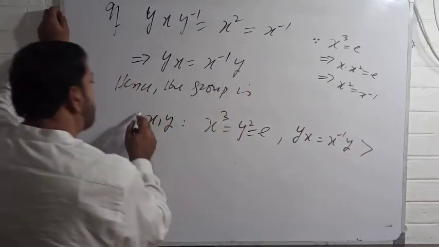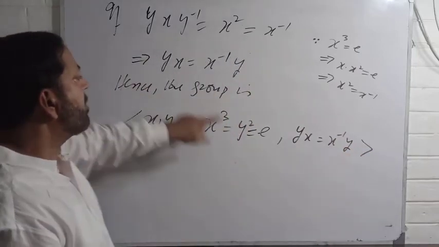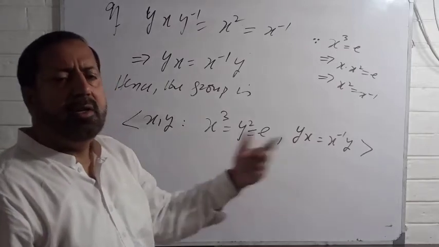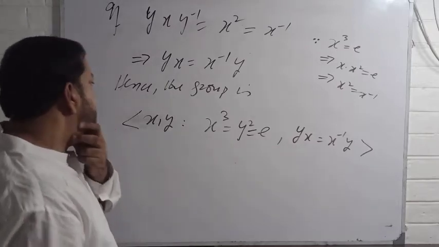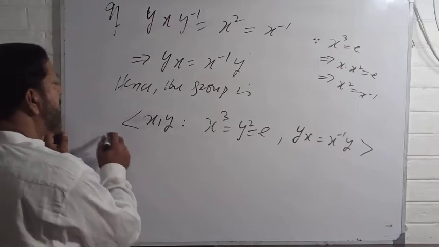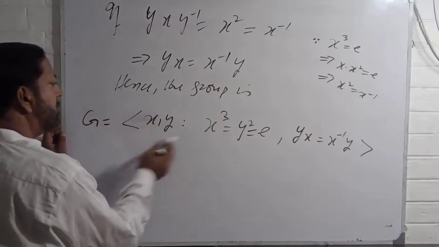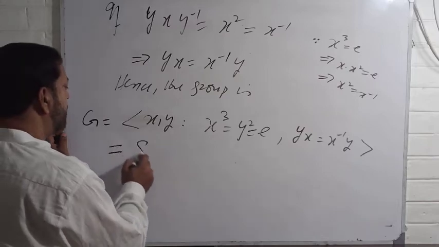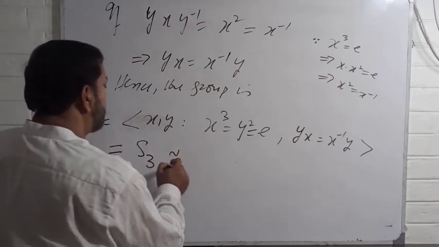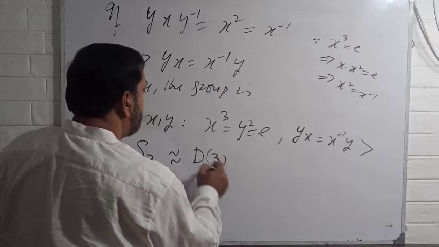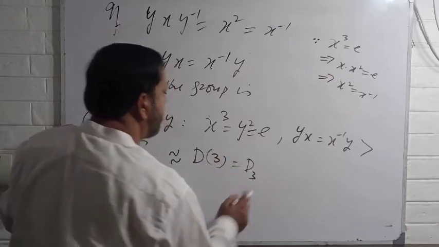And you know what is this? Using the condition, you can also show that xy is of order 2. Okay, so what is this? This G is in fact S3, which is isomorphic to D3. Some people like to write D3.